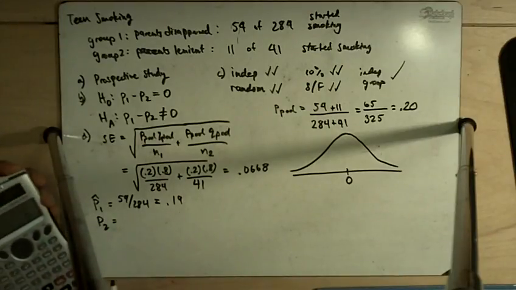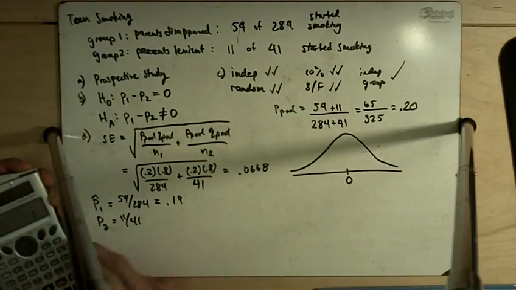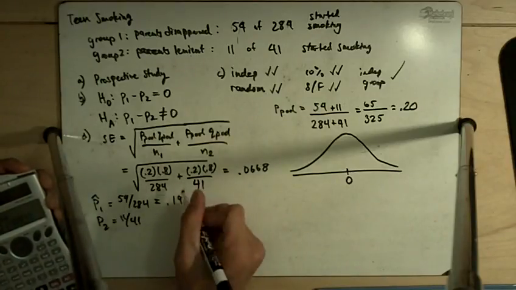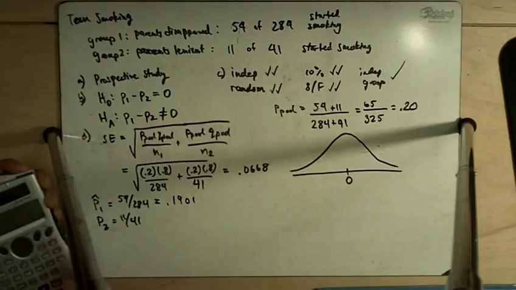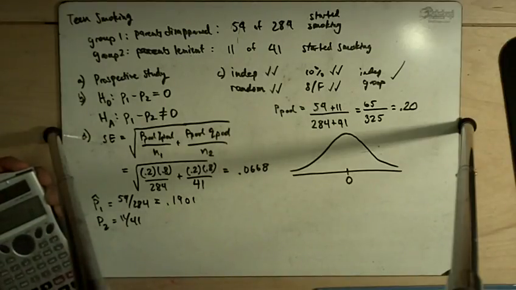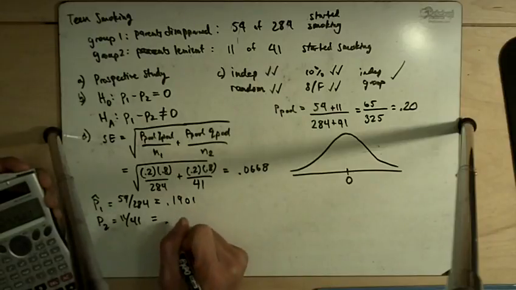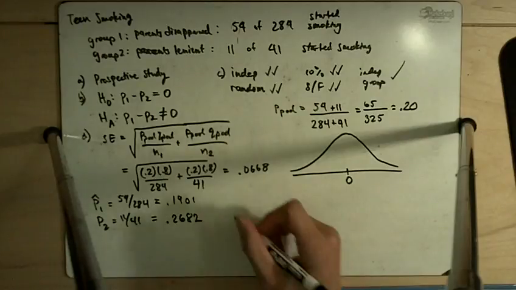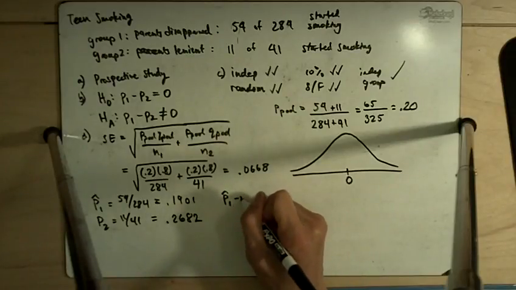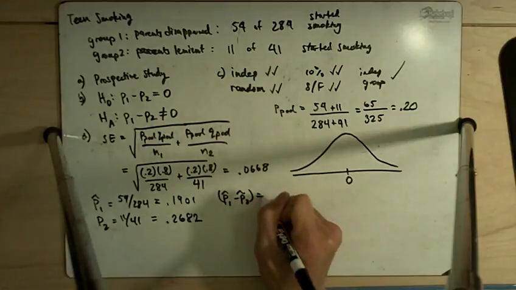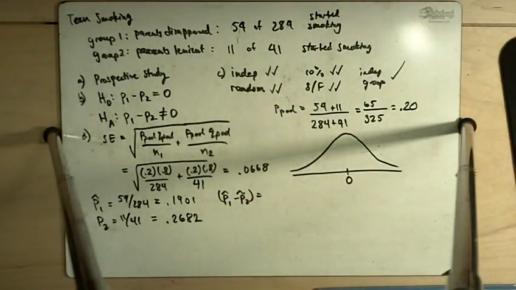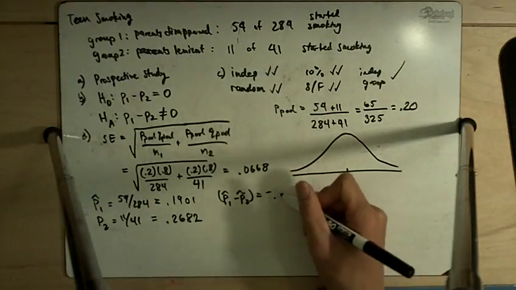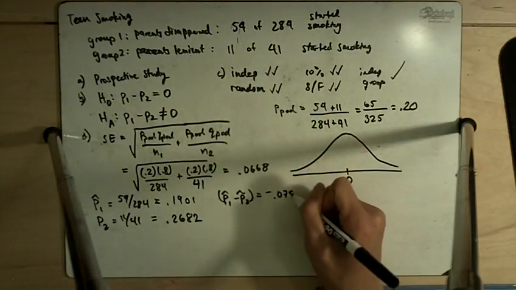And then p2 hat is 11 out of 41, and 11 divided by 41 is 0.2682. So our observed difference is negative 0.0782.